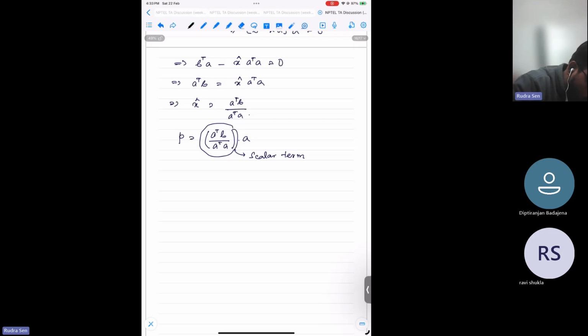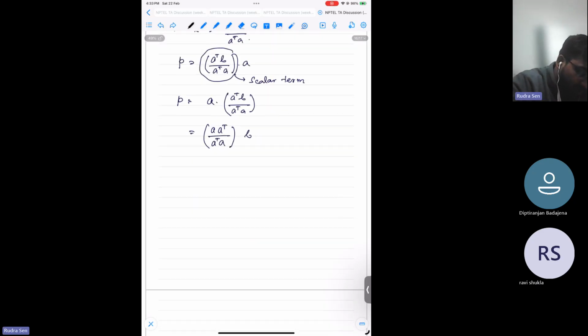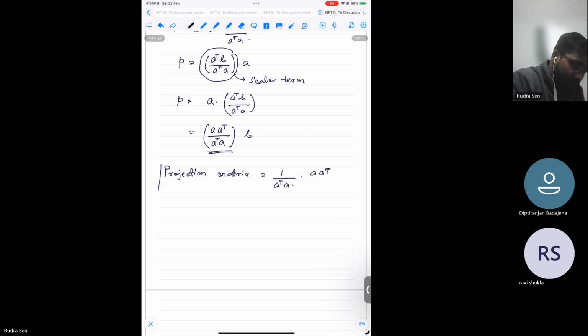So we can write P equals A into A transpose B by A transpose A. We can write it as A A transpose by A transpose A, because the denominator A transpose A is a scalar, multiplied with B. So this is basically the projection matrix: 1 by A transpose A multiplied with A A transpose. A A transpose is a matrix and this is a scalar.